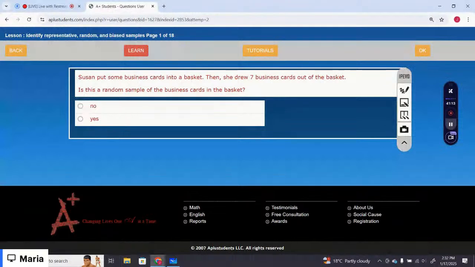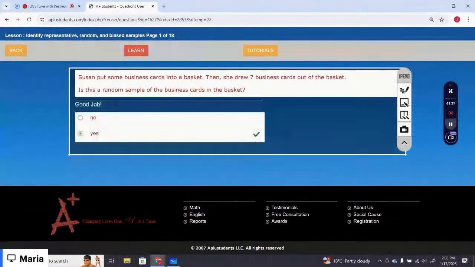Then she drew 7 business cards out of the basket. If this is a random sample of the business cards in the basket, the correct option is yes, that is a random sample. Option number 2 is the correct option.